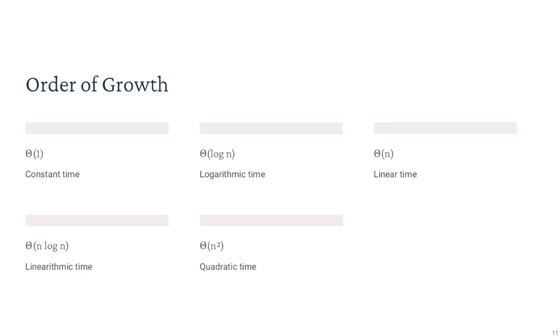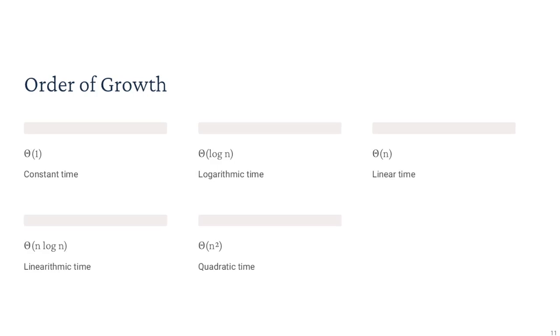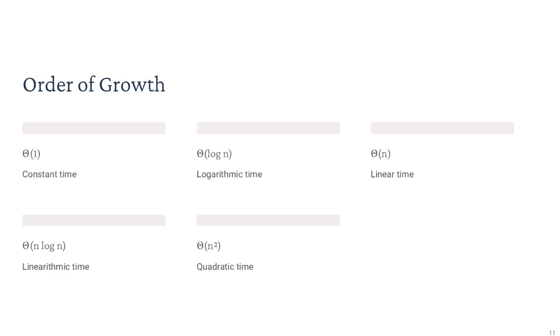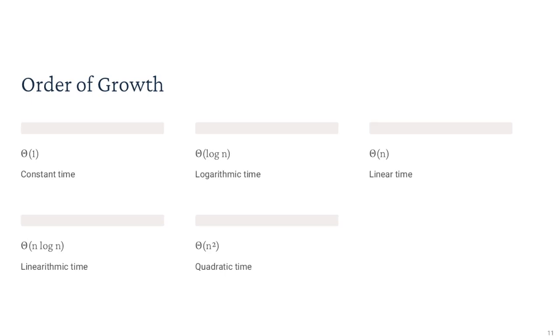Linear time, Theta(n), scales directly with input size, while linearithmic time, Theta(n log n), characterizes algorithms like merge sort that combine linear and logarithmic behaviors. Quadratic time, Theta(n squared), as seen in insertion sort's worst case, grows rapidly with input size, making it unsuitable for large datasets. These distinctions help us evaluate and choose algorithms effectively.